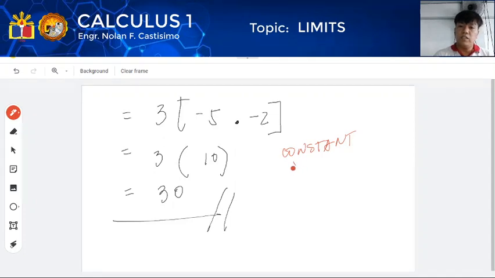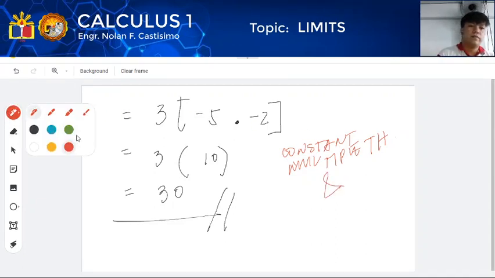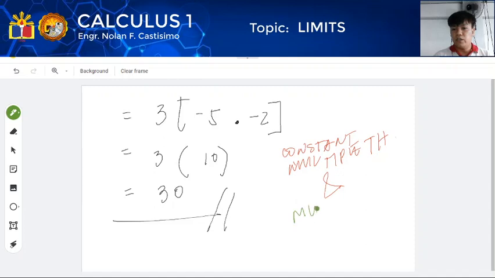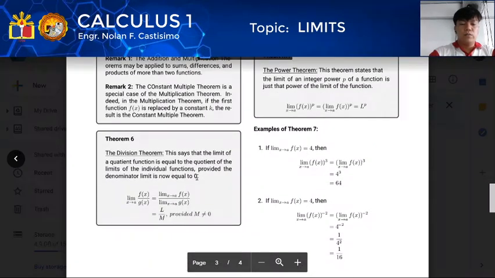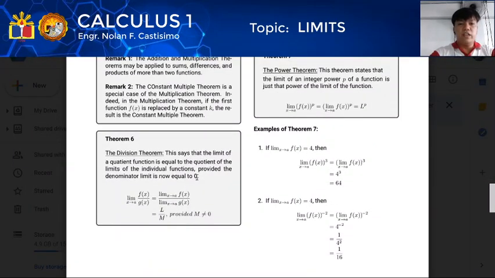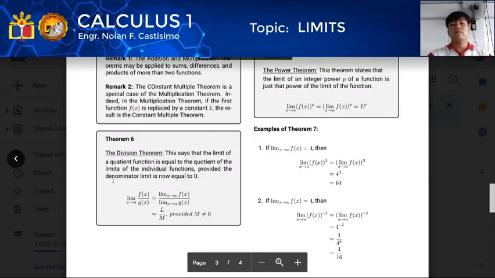Constant multiple theorem and the multiplication theorem. Ayan. So, back to the module. So, we have here the theorem 6. Okay?